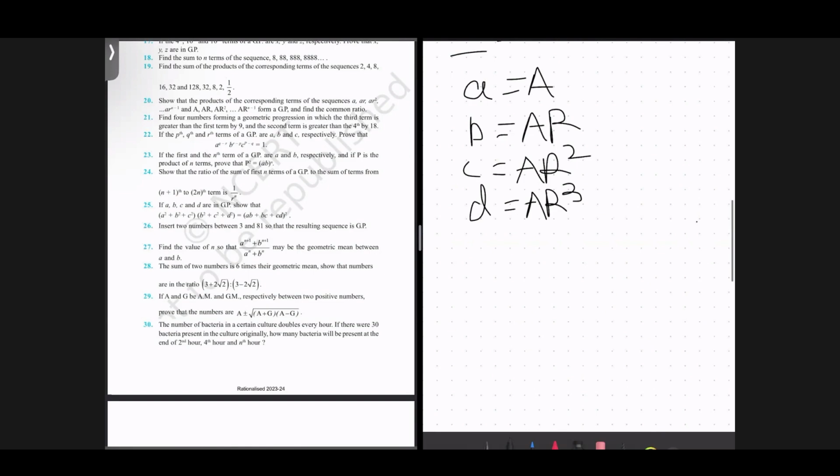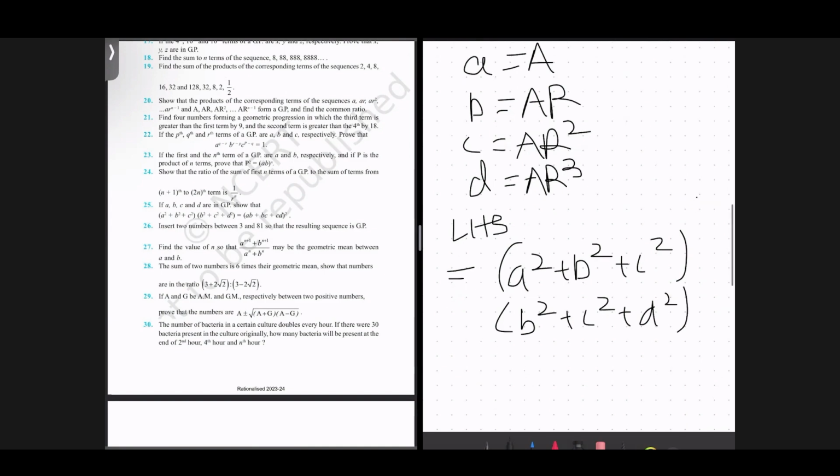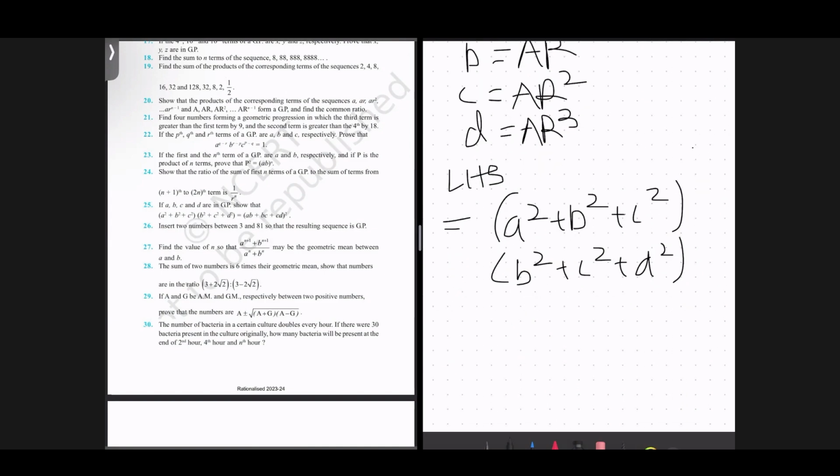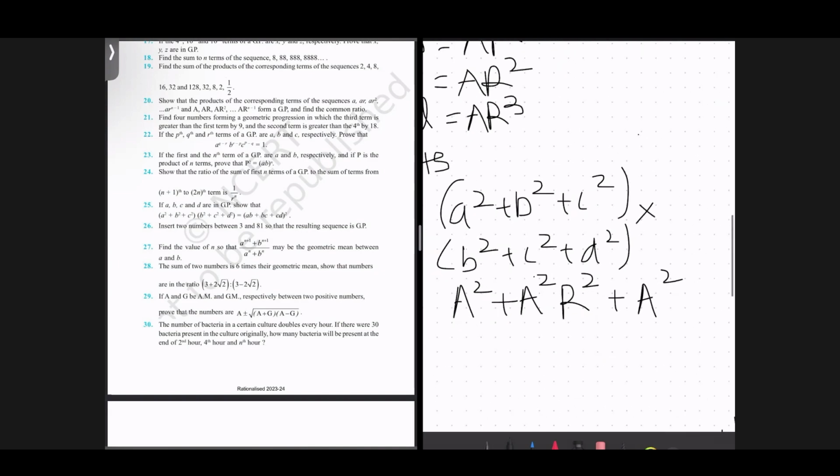When you do that, the LHS would be (A square plus B square plus C square) into (B square plus C square plus D square). Plugging the values of A, B, C, and D from the above, you get A square as capital A square, B square as A square R square, plus C square as A square R raised to the power 4, right?